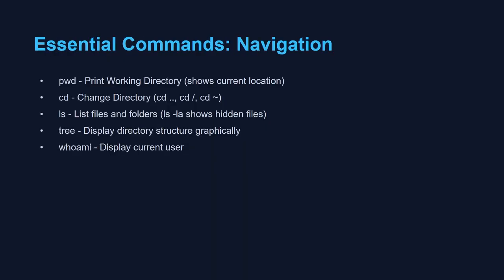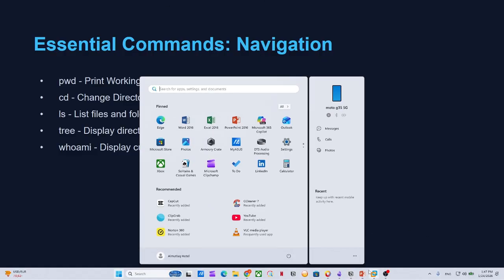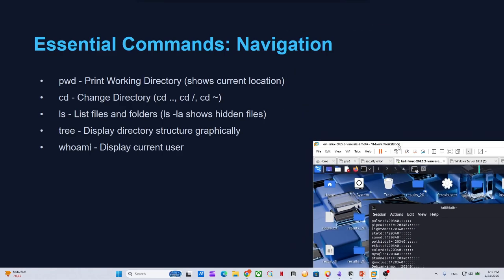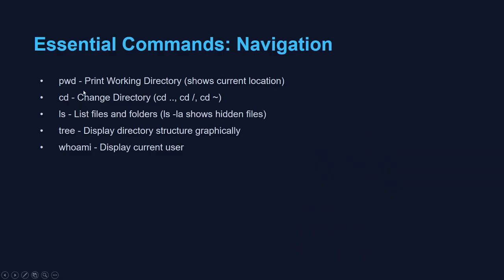And here we have the essential commands for navigation. Let's go through each one by one, but first let's see what each command does. Start with pwd. Print working directory shows current location. pwd will tell you where you are right now.